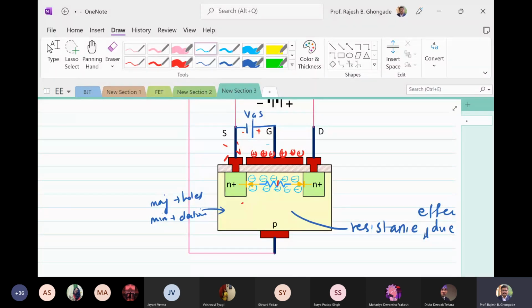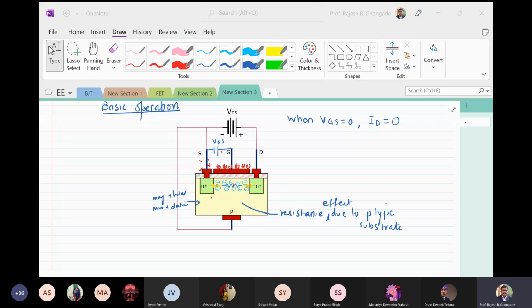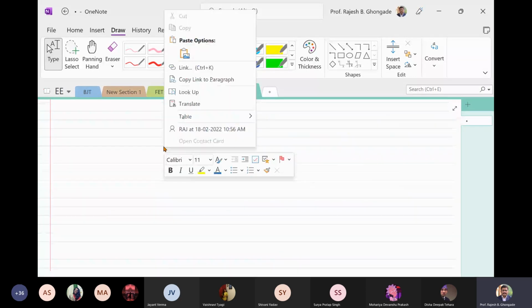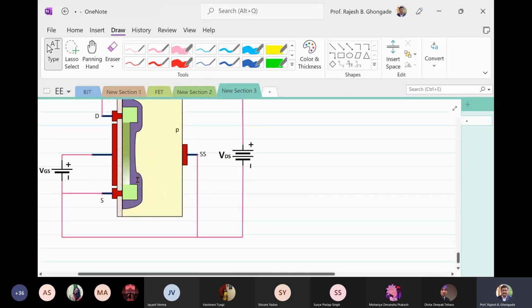Actually speaking, when we have a metallurgical connection like this, what is the very first thing that we have that I have not shown here? If you look carefully, what is this? Sir, it is the depletion layer which is formed at the junction.